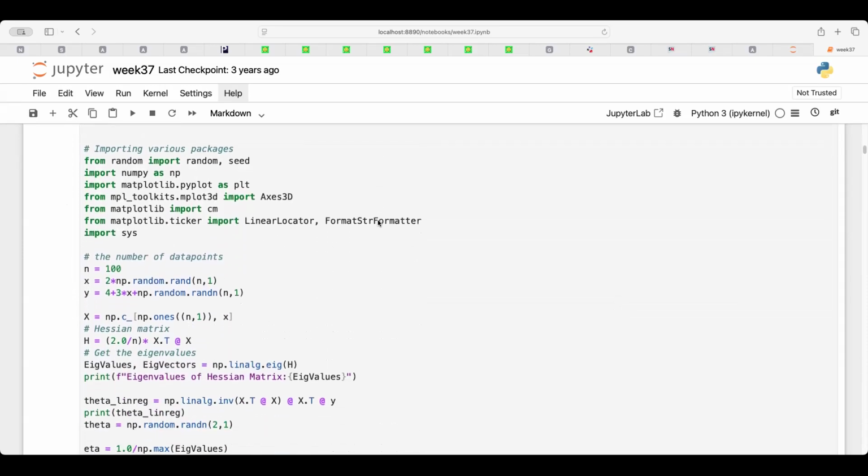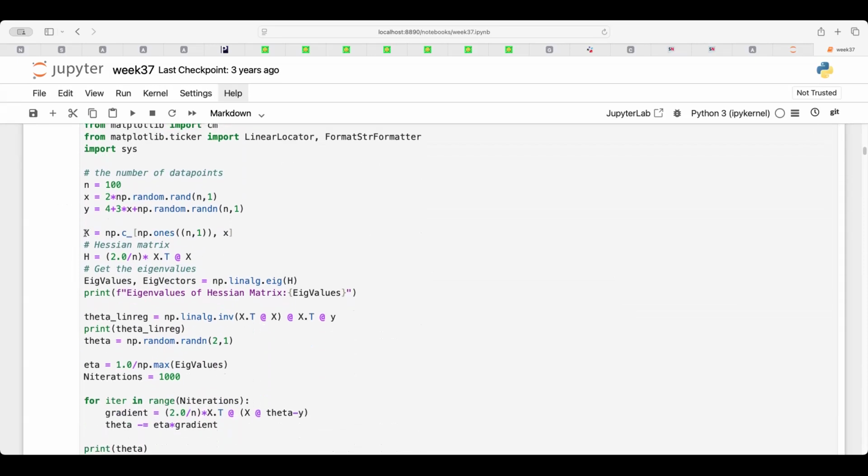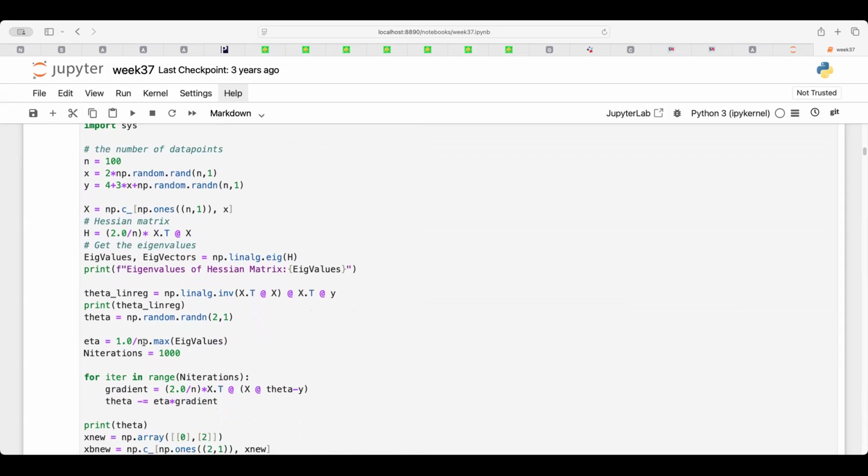And then I had this exciting function, which we have looked at many times, 100 values. Y is equal to 4 times 3 plus X plus some random noise. This is my design matrix. Now I use the Hessian matrix and diagonalize it to find an estimate of the parameter eta.